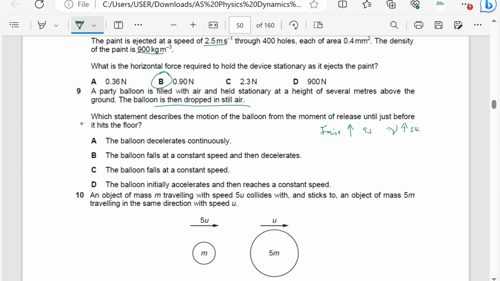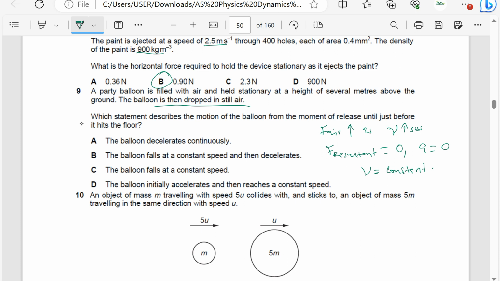As V increases, eventually the resultant force will become 0, which means the acceleration will become 0, so V becomes constant. When V becomes constant, we have reached terminal velocity. So the ball initially accelerates. Yes, it accelerates, but the acceleration decreases, and then it reaches a constant speed. So it must reach a constant speed.